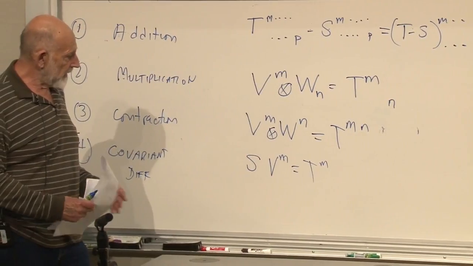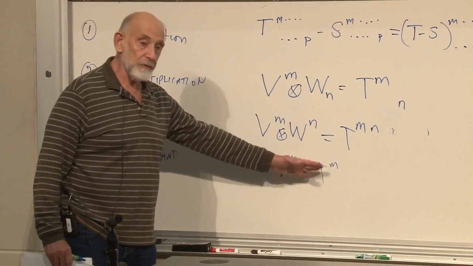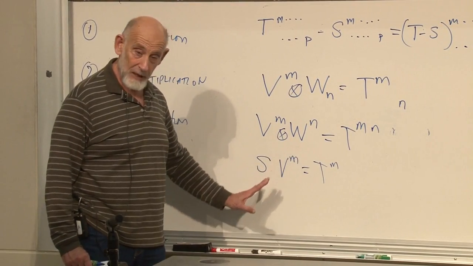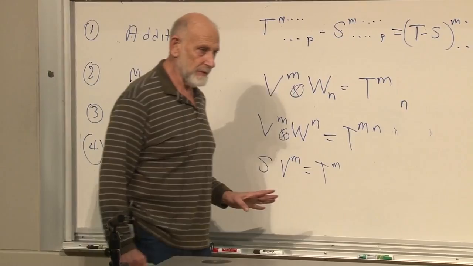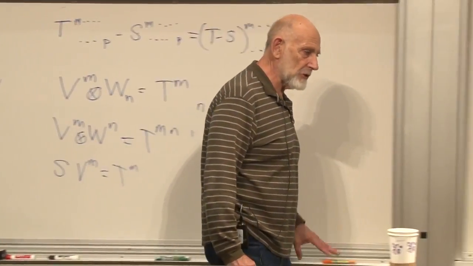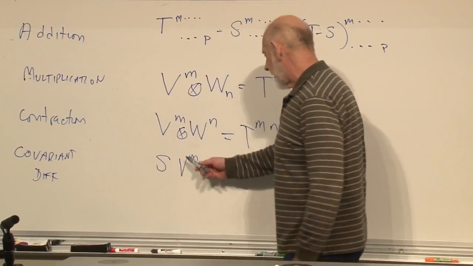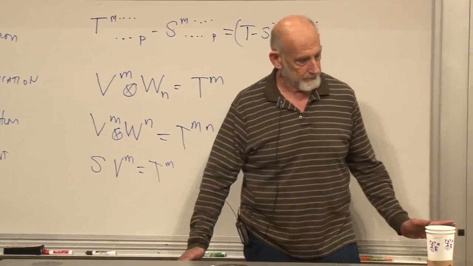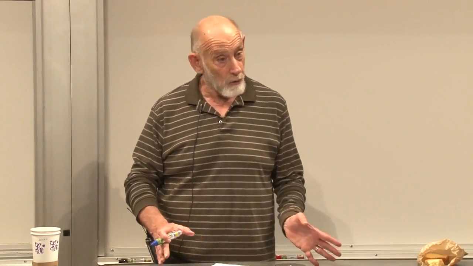In other words, multiplying any tensor by a scalar gives back a tensor of the same kind. Not the same tensor, it's multiplied by s, but of the same generic type, same number of indices in the same place. That's the only situation where multiplying a tensor by some other tensor gives you back a tensor of the same type. Generally, you get back a tensor of higher rank with more indices, obviously.